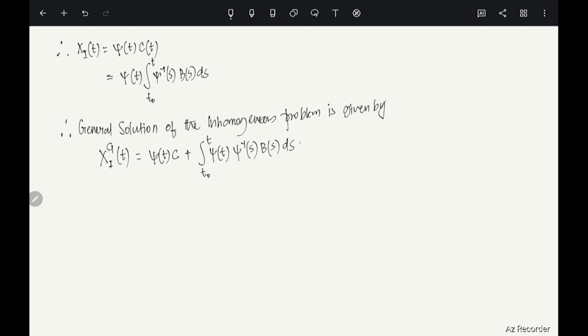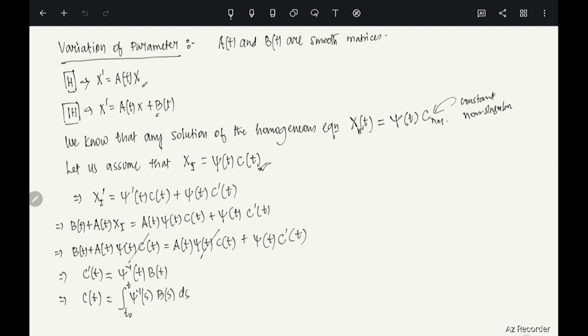Clear? So you see why I wrote this. This is nothing but the solution of the homogeneous problem, right? It is x h, the general solution of the homogeneous problem.